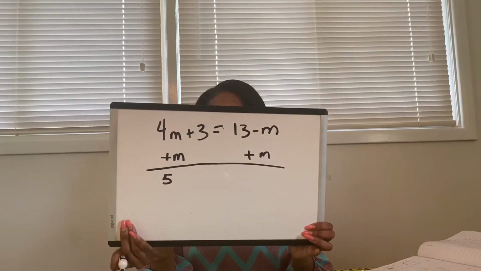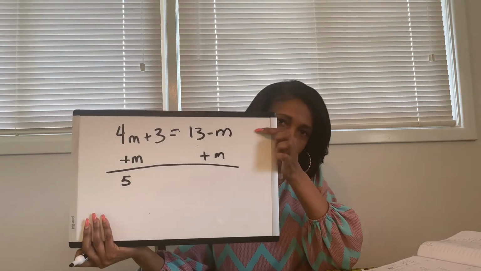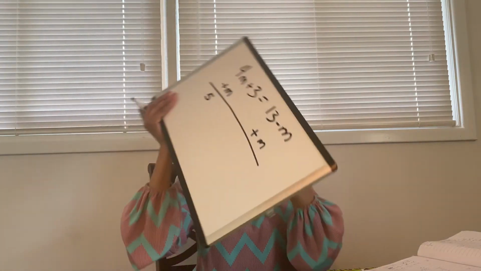So the first thing I am going to do is write positive m, or plus m, on my far left, then plus m on my far right. Draw a line like so. Okay, so I'm using this m right here.